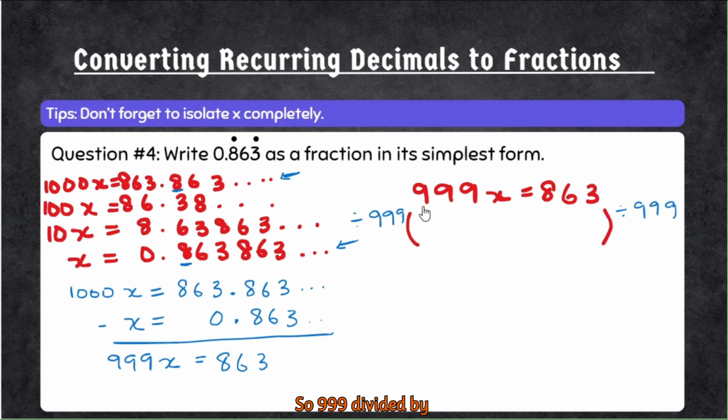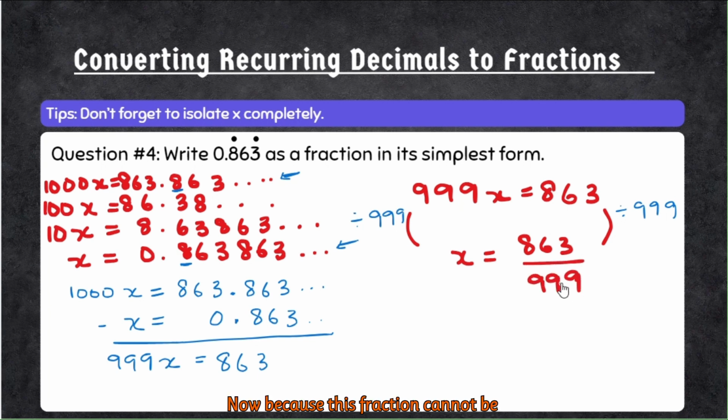So 999 divided by 999 is equal to x, and 863 divided by 999 is 863 over 999. Now because this fraction cannot be simplified any further, this is going to be our answer.